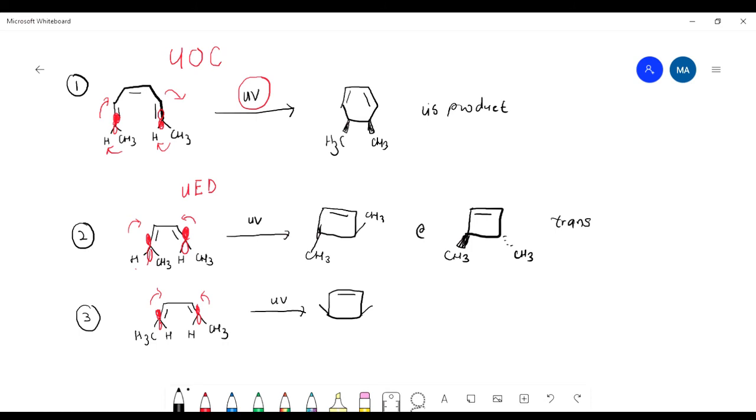Both will go up, or we can draw it at the same side, as long as it gives us a cis product.